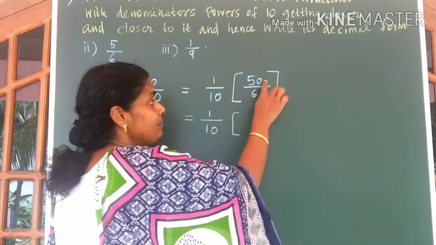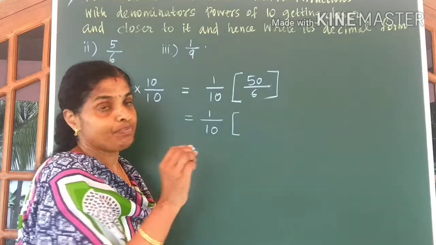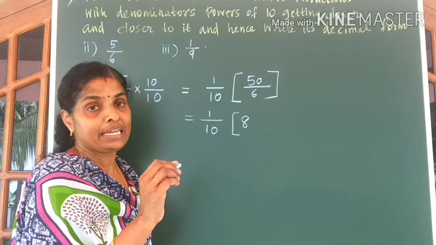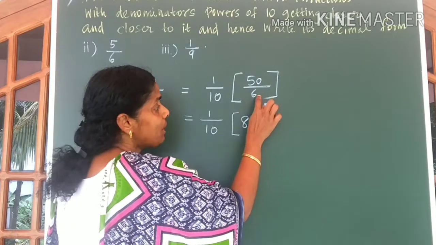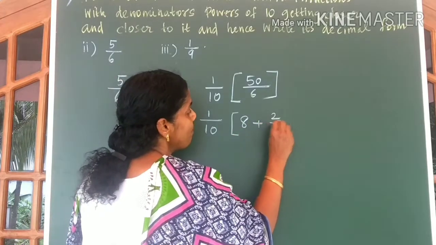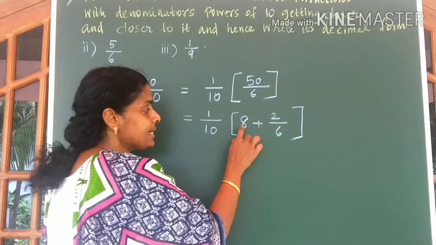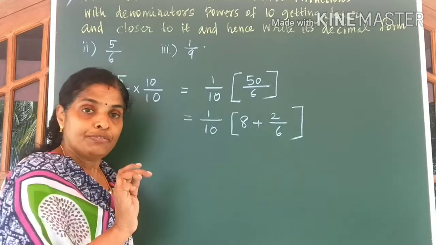In 50 we know there are 8 6s. 6 8s are 48. What is remaining? 2 remains. So we can write 50 by 6 as 8 plus 2 by 6, because 6 8s are 48, 48 plus 2 gives you 50.